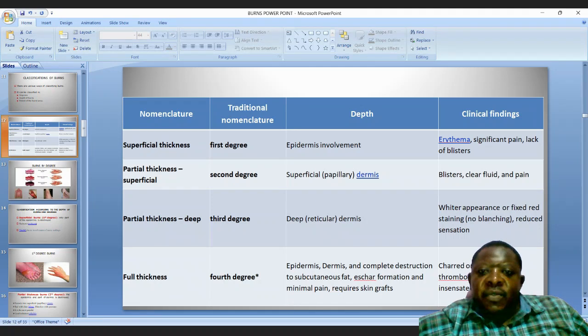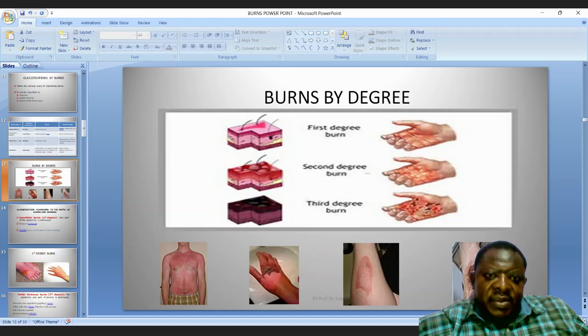These types of burns may require skin grafts in order to reduce the scar that is formed after healing or to reduce contractures. The clinical findings are charred or thrombosed blood vessels that are going to be seen. But we can still expand these details.